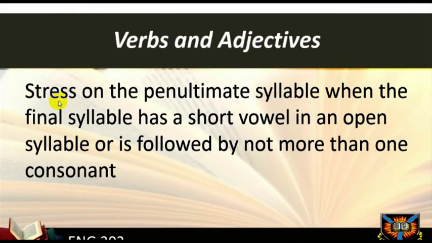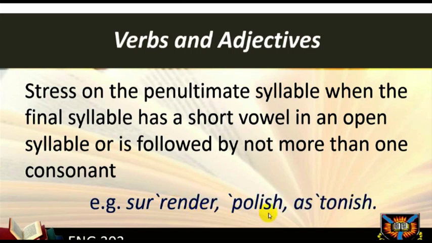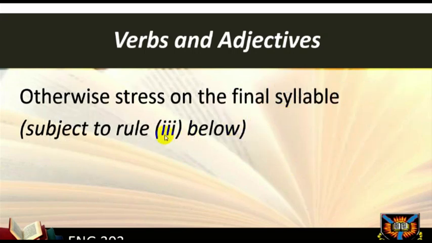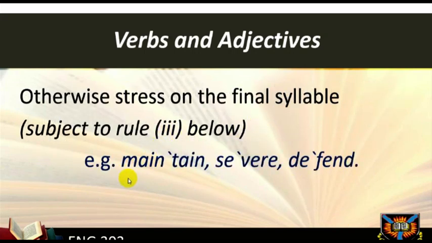A. Stress on the penultimate syllable when the final syllable has a short vowel in an open syllable or is followed by not more than one consonant, e.g., surrender, polish, astonish. B. Otherwise stress on the final syllable subject to rule 3 below, e.g., maintain, severe, defend.